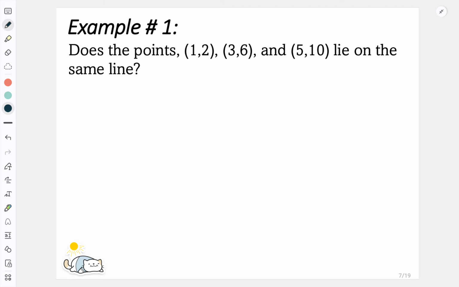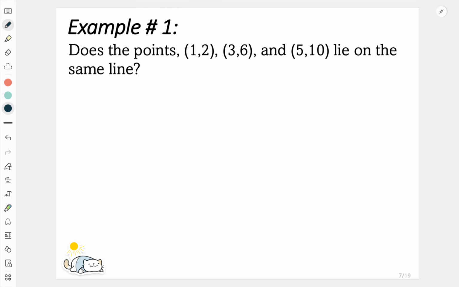In this case, if you've already done two slopes, sometimes it's enough to say that these 3 points are collinear, because I've already used two pairs of points to get the slope of the given line.